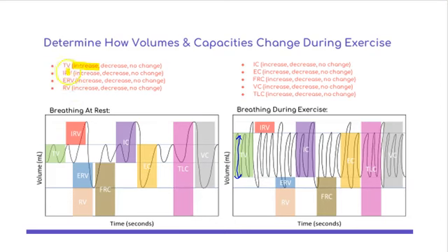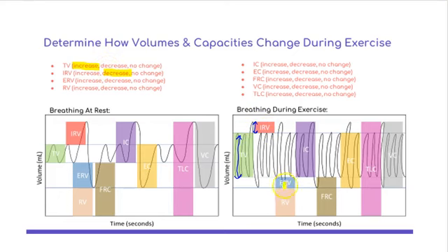What's gonna happen for IRV? Let's look at the IRV. As you can see, we have space for air when we deeply breathe in, but some of this space has been occupied by the amount of air for TV, and now there is no more space for IRV. So it means our IRV should be decreased. What's going to happen for ERV?